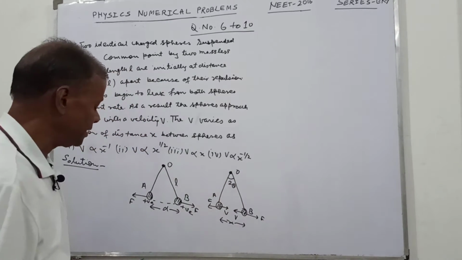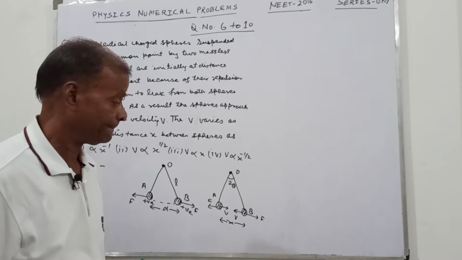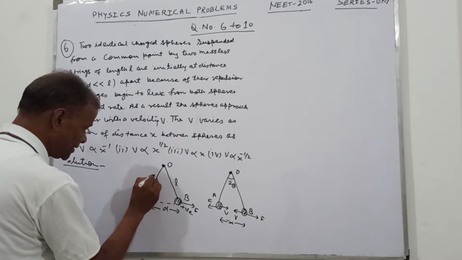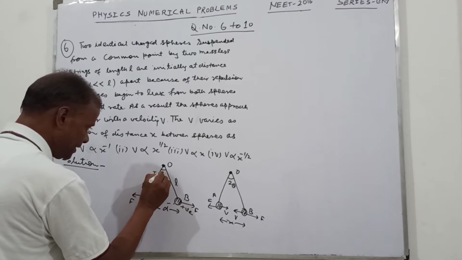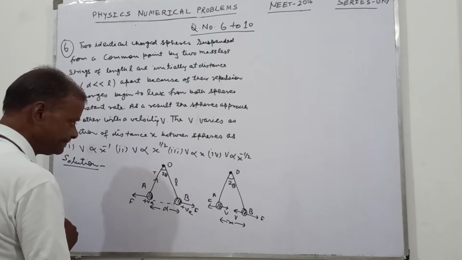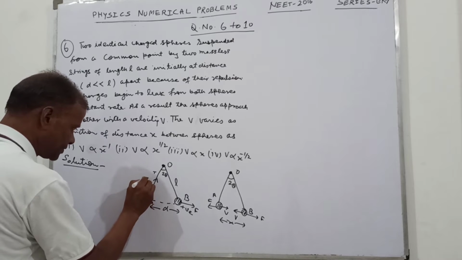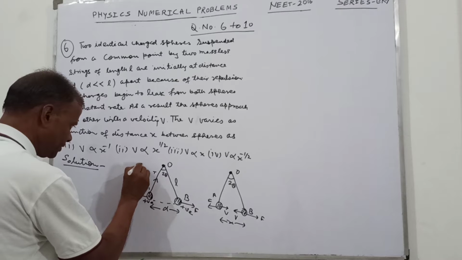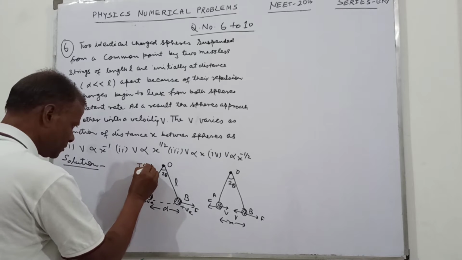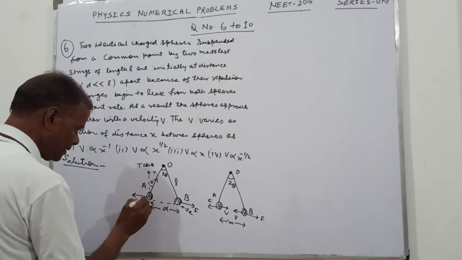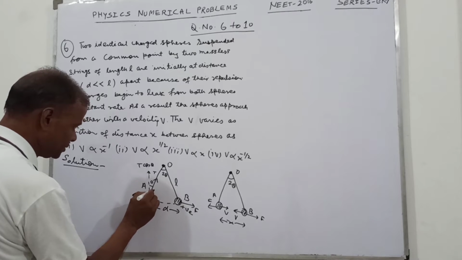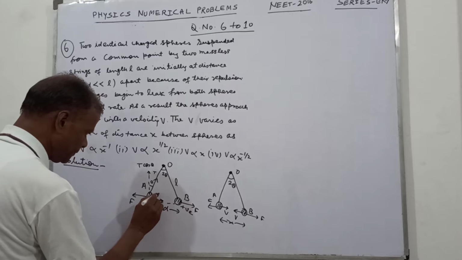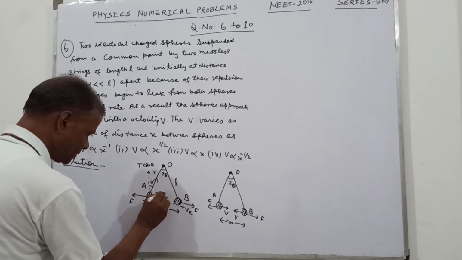This kind of question I have told you earlier also. If you remember, this is the thread, this is the tension T, and this angle is, suppose, 2 theta, then we can divide this tension into two parts. This is T cos theta, and towards this one it will be T sin theta.